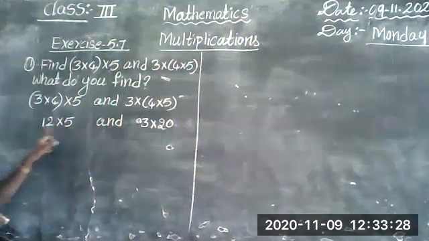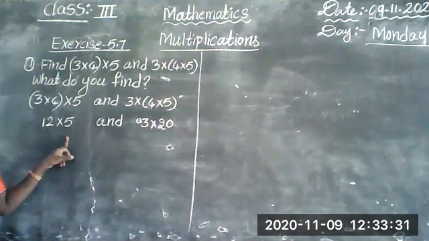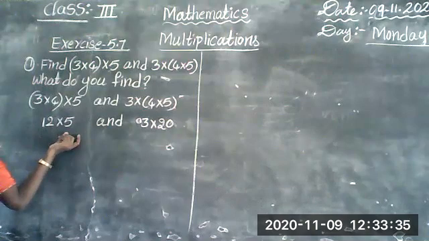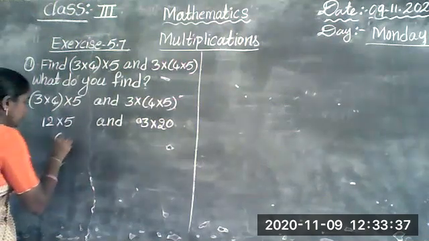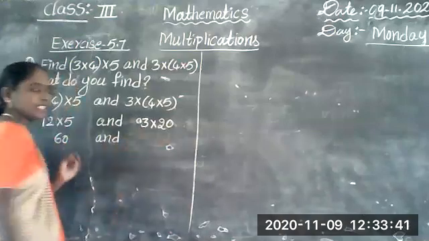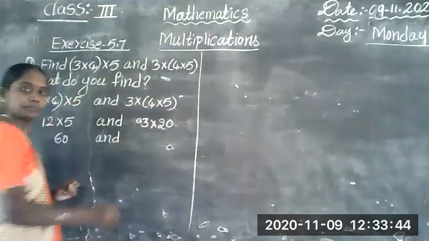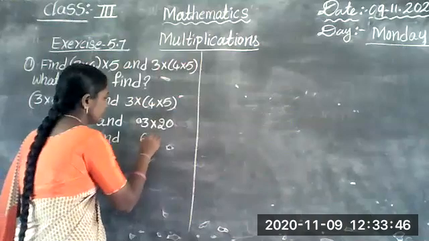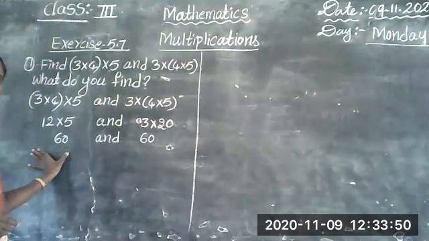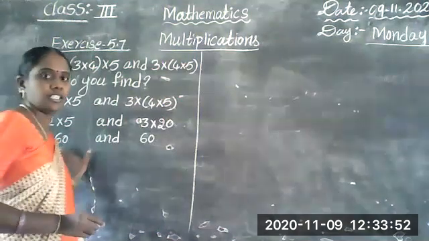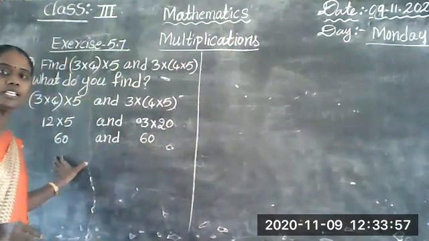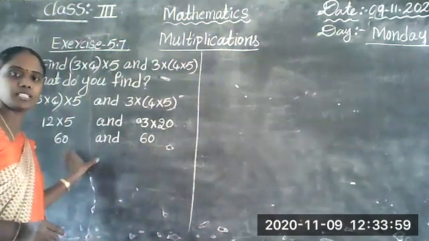Next 12 × 5: 12 fives are 60. And 3 twenties are 60. Here in this multiplication we get 60, and in this multiplication also we get answer 60. Both are the same answer.